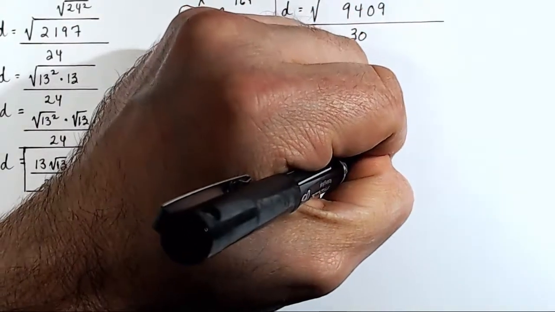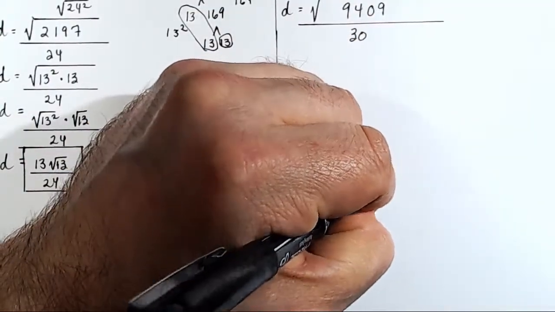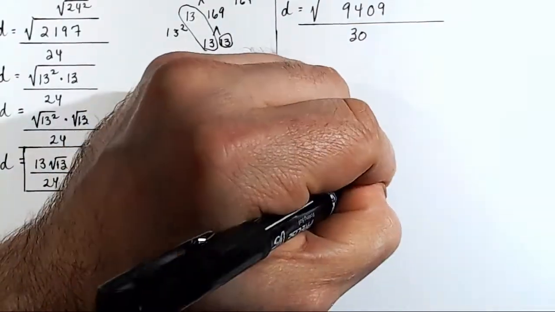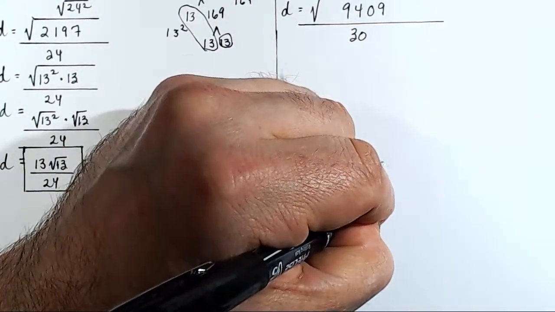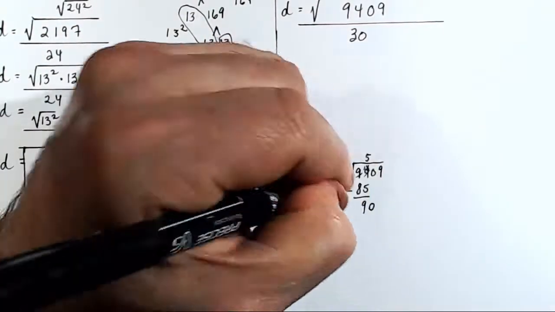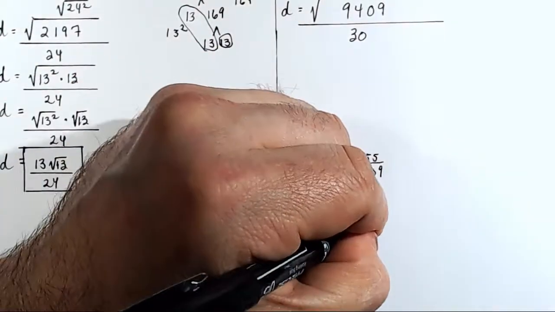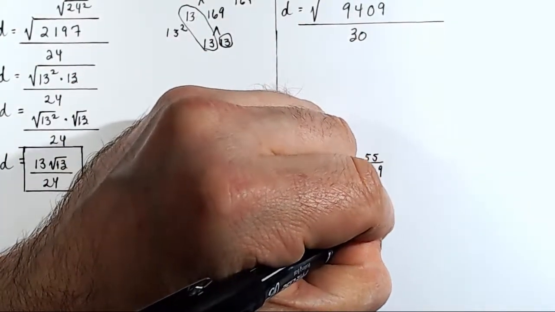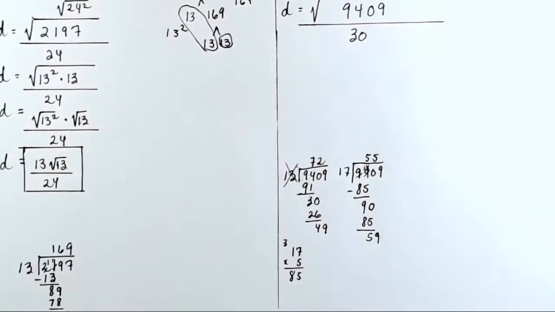So the first number is a 5, and that's 85. Right, so 90. Again, it's going to be a 5. And this is going to be 85. 59.